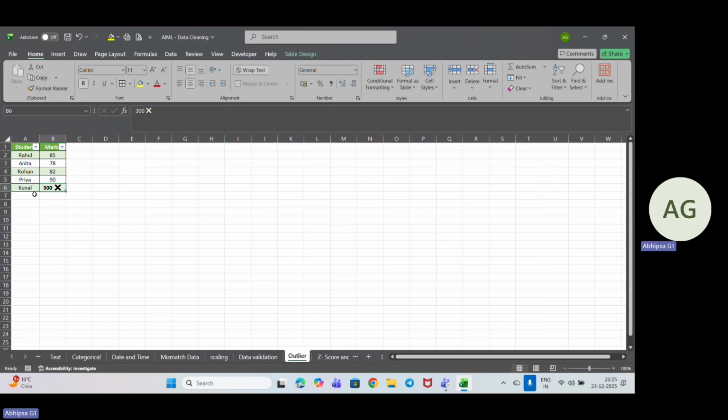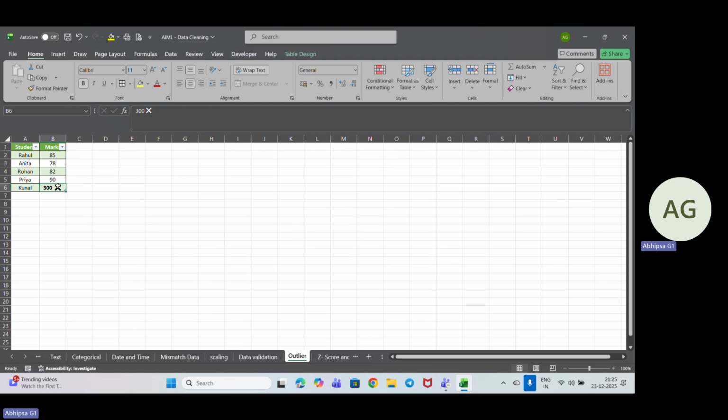So we need to remove the outliers and replace them with a valid value. For that we can use either the average or the median value after removing it, and we can also use the capping value for it.